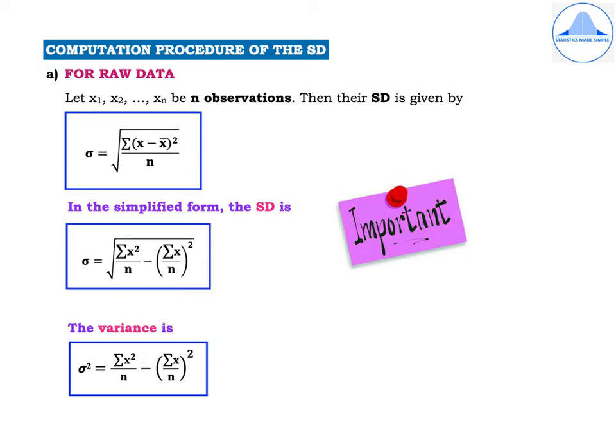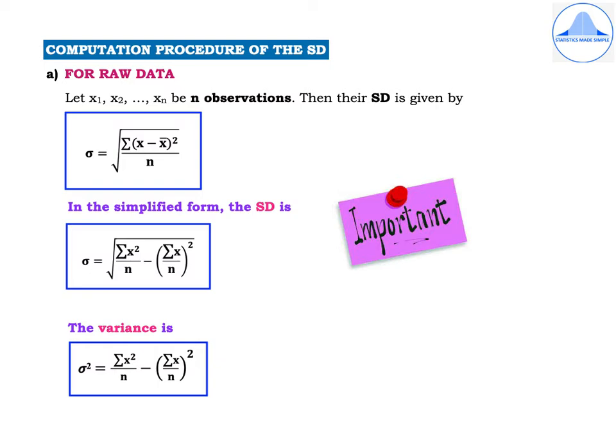Let us now learn the computation procedure of the standard deviation. Under the first subdivision, we have raw data. You know that for raw data, only a set of x values will be given. So let x1, x2, so on xn be n observations. Then their standard deviation is given by sigma.